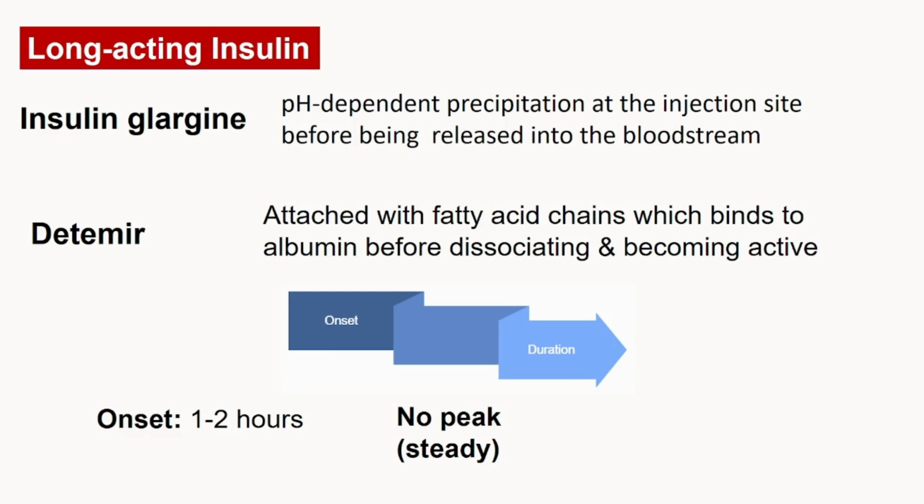That's the advantage of this long-acting insulin, which has no peak and a steady effect. And the duration of effect of insulin glargine and detemir is about 18 to 24 hours. Sometimes detemir, whose brand is Levemir, is given BID as well.